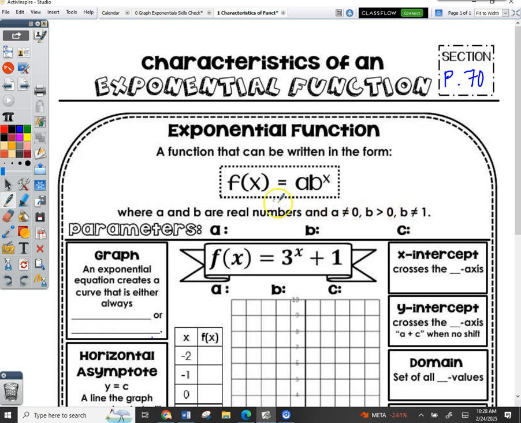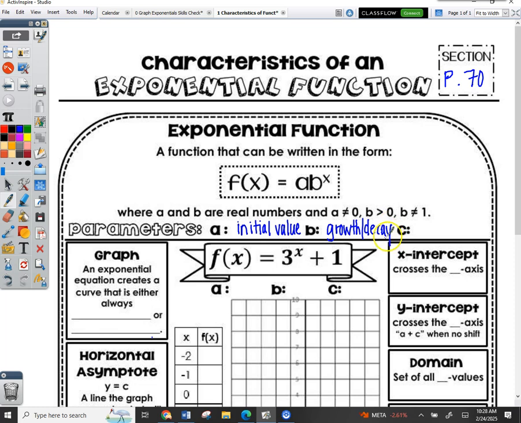Now, here's some vocab words. A is your initial value. B is your growth or decay. Not both.